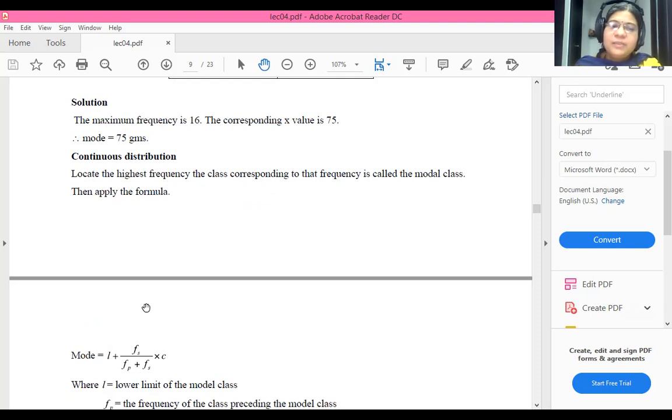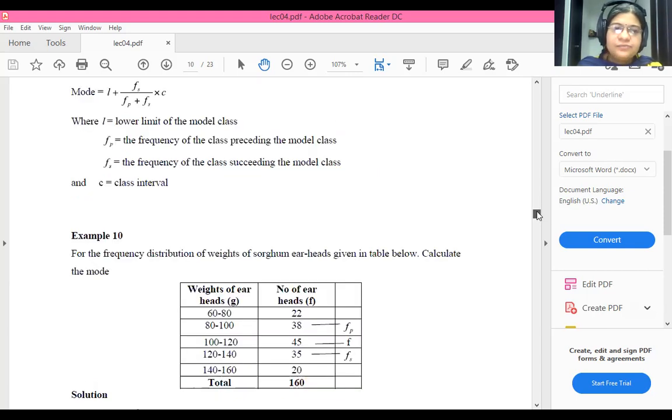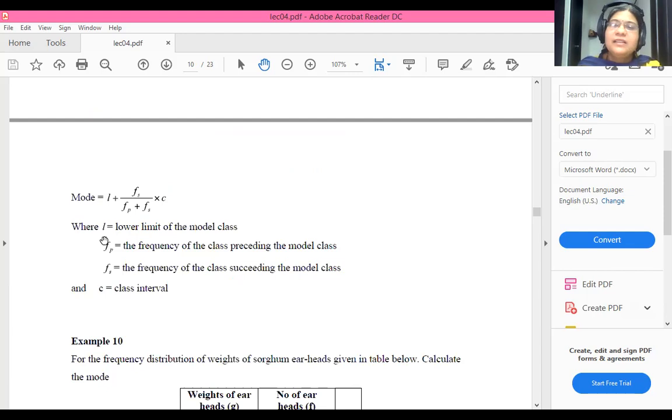In your book, it may be written as F2 upon F1 plus F2. But as I said, the notation does not matter unless the meaning changes. As in the median, L is the lower limit of the modal class.